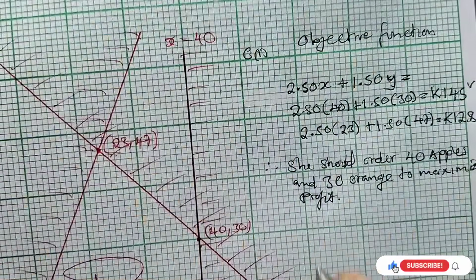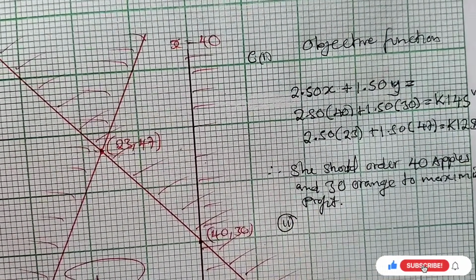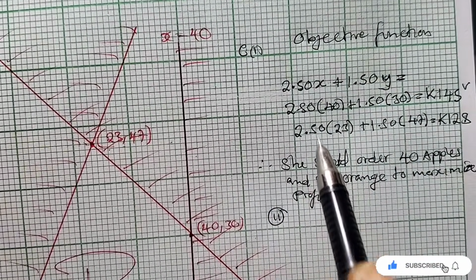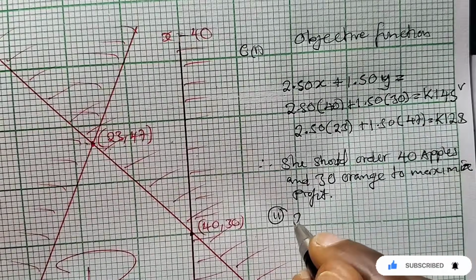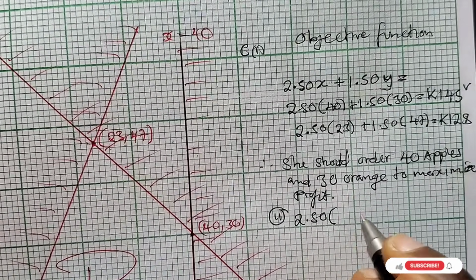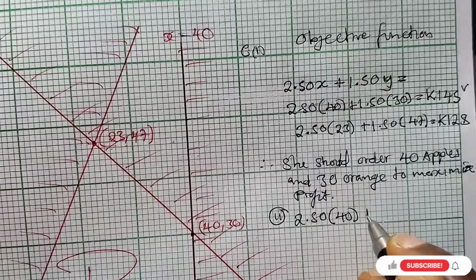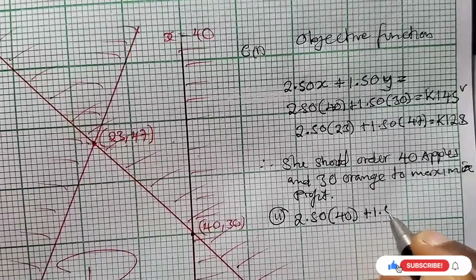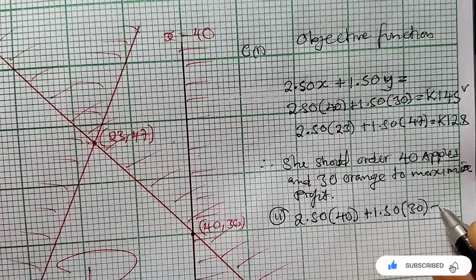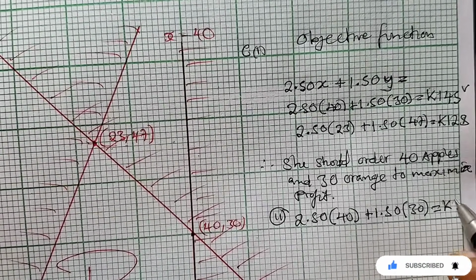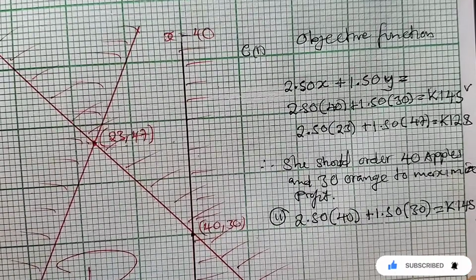Then this last part, we are asked to calculate this maximum profit. This is very simple. This is question 2. Just copy this one. So we're going to say 2.50 times 40 plus 1.50 times 30 oranges. This is giving us 145.